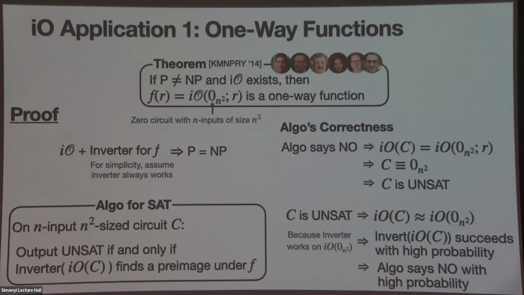And supposedly, you can always obfuscate, say, the zero circuit or some circuit that you know everything about. Yep, great. And so now the idea is that if these two are indistinguishable and you can't know anything about the zero circuit, then you can't know anything. Is this what's supposed to be?